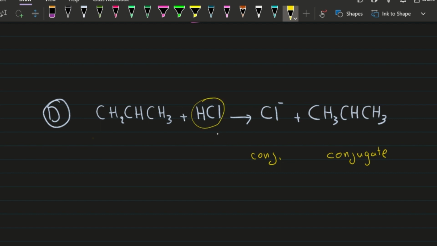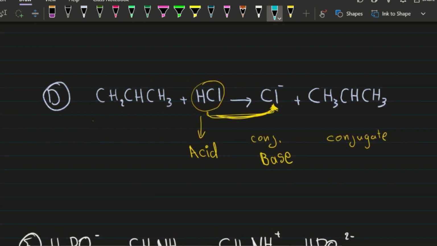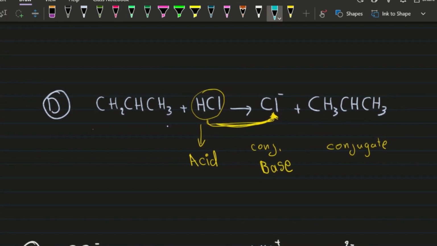So from HCl to Cl, what do you think happened there? This lost a hydrogen, so that is going to be your conjugate base. And this is going to be your acid because it has more hydrogen than this guy right here. All right, let's look at the next one.